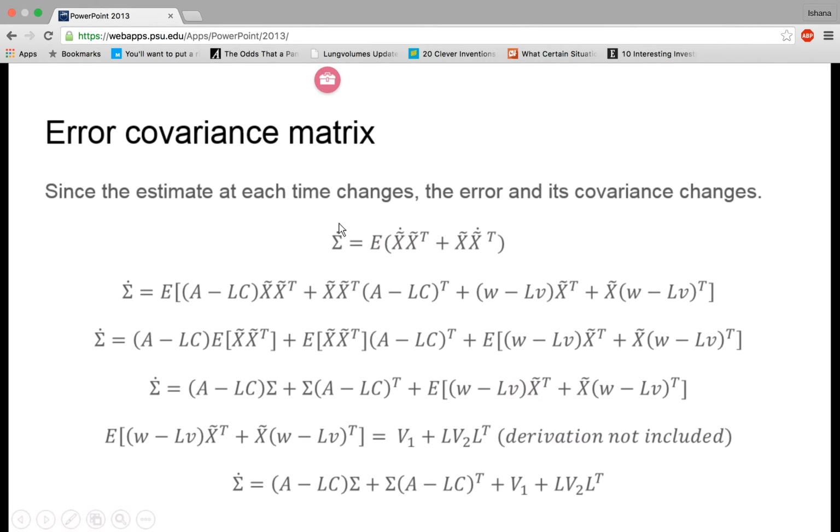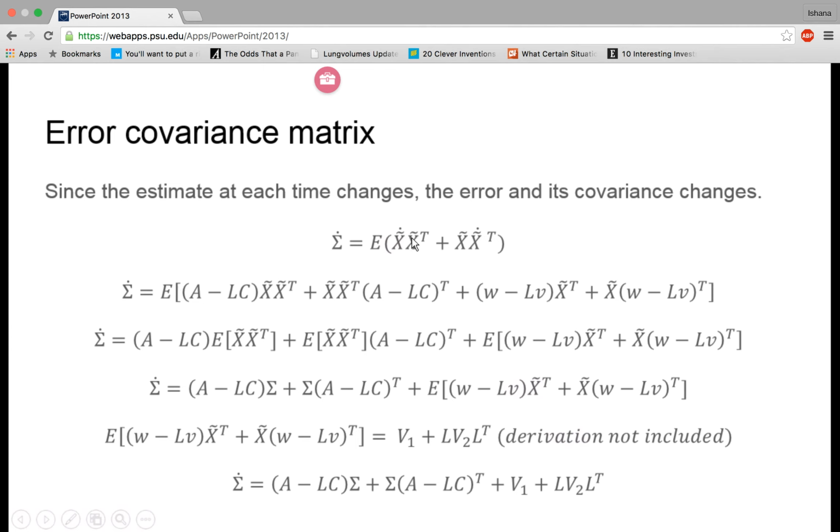So we now talk about the variation of this covariance matrix with respect to time. We basically just differentiate it with respect to time, and the differential opens up with the chain rule. Now we substitute the value for x tilde dot from our error dynamics, which is x tilde dot equals A minus LC times x tilde plus W minus LV, which was the error term, and this came from the process model.